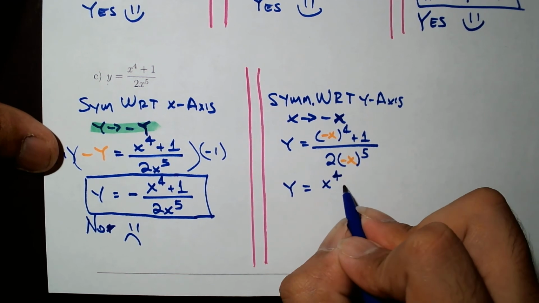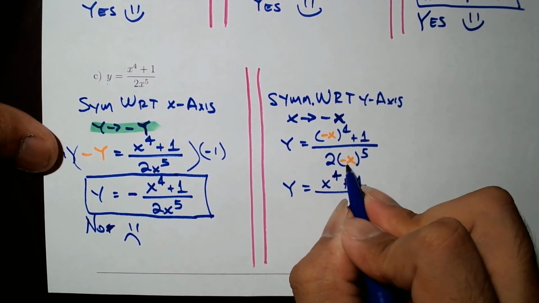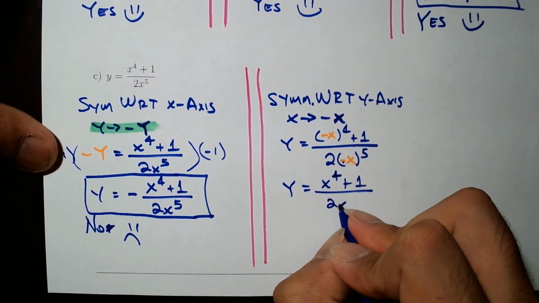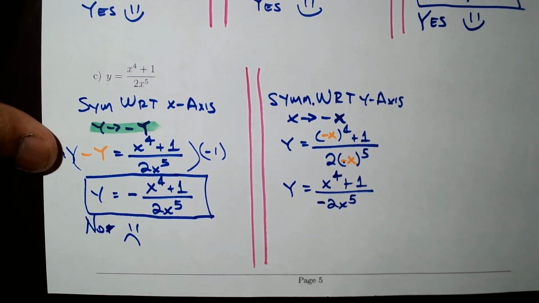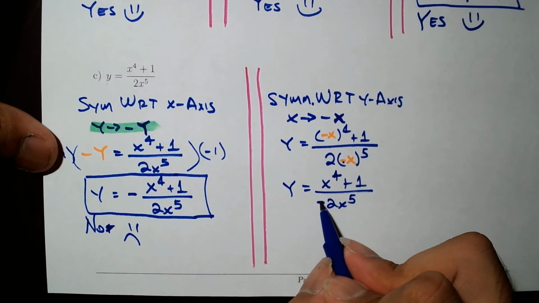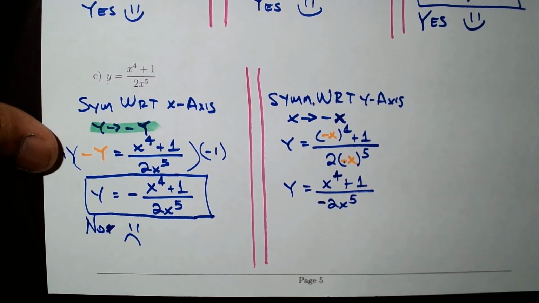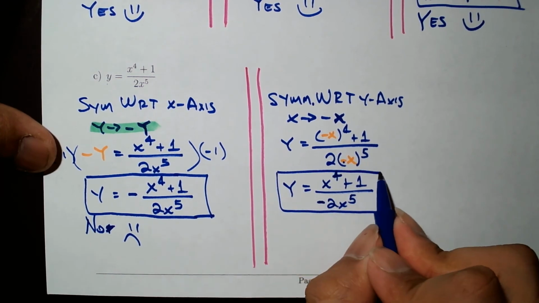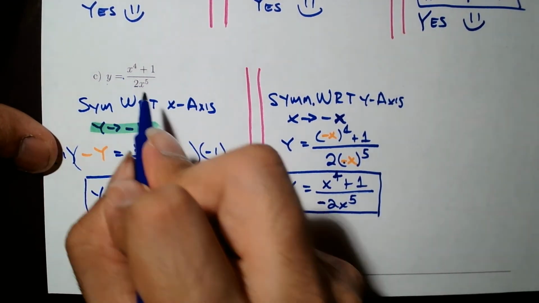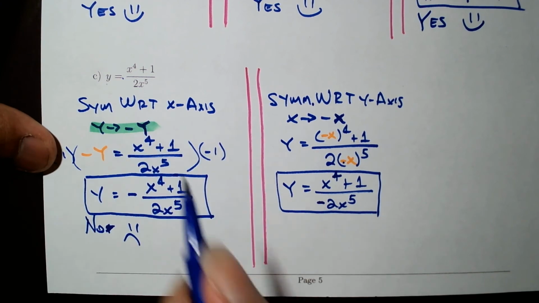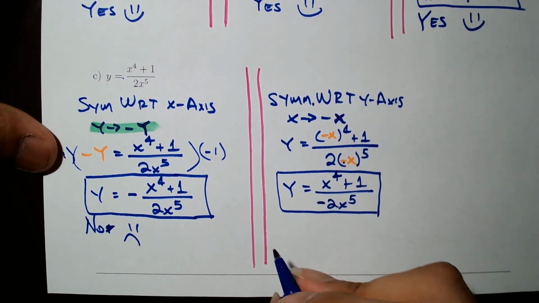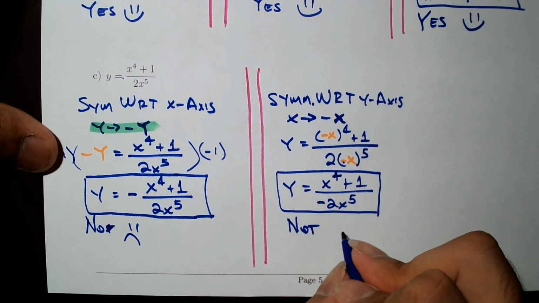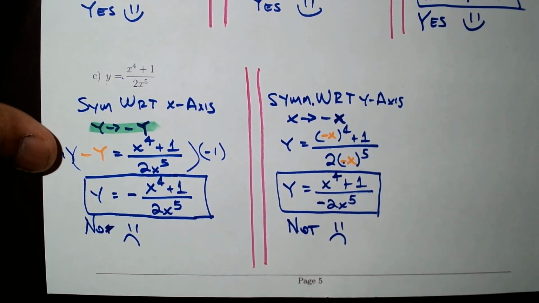That becomes a positive. And negative raised to an odd power, that's going to give me 2x to the 5th, but negative. In this case, this negative could be either in the front or right here. Now let's compare with the original equation, and in this case it is not the same equation, so it is not symmetric about the y-axis.